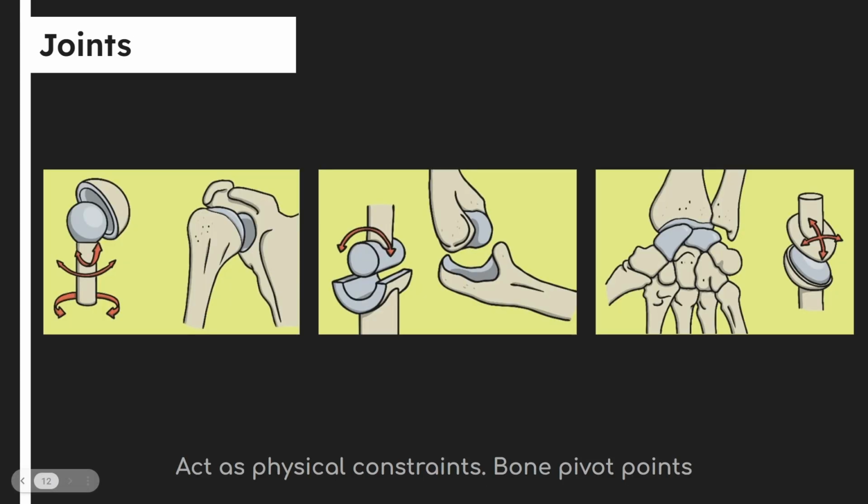And then joints, they act as physical constraints, right? They are bone pivot points. And so in our bodies, we have a few different types. Some of the main ones, the ball and socket joint, which is primarily in the shoulders, and it's also in your thighs, your femur connecting to your hips. It has a very wide range of motion, right?